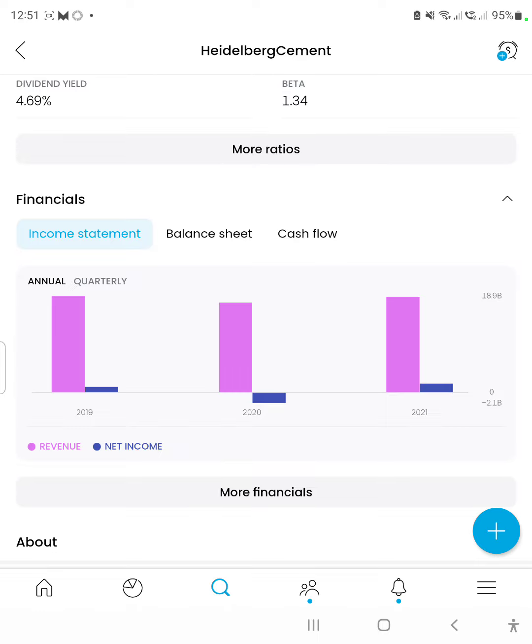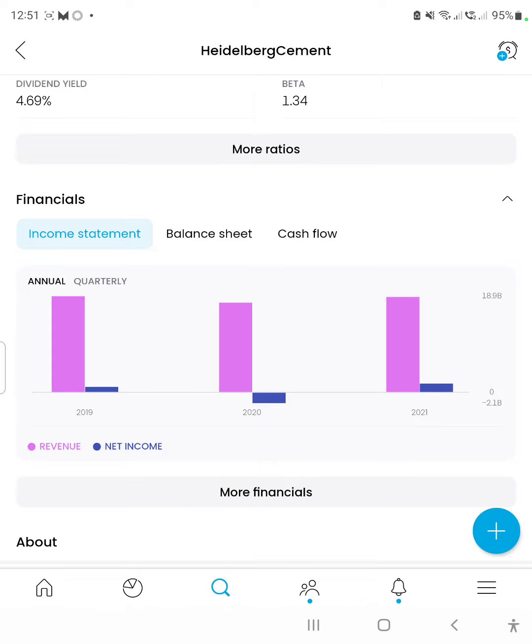In the 2020 financial year, the company declined a little bit with regards to revenue. It also lost a lot of money with regards to net income, making a negative profit margin of around 12%, which is definitely not good for shareholders.